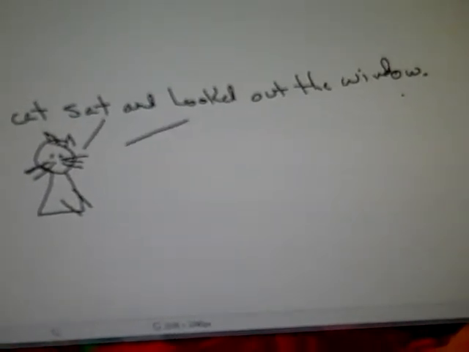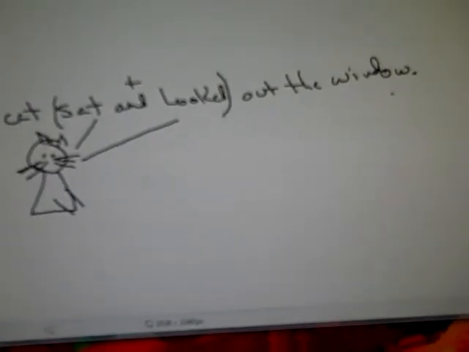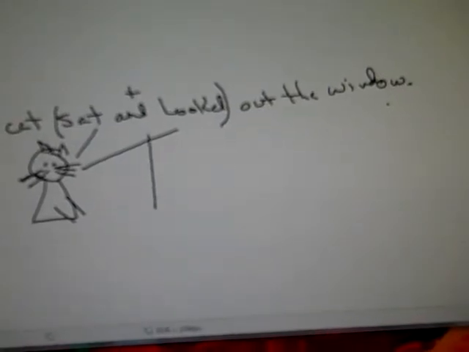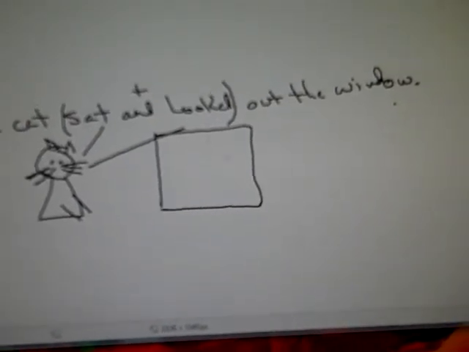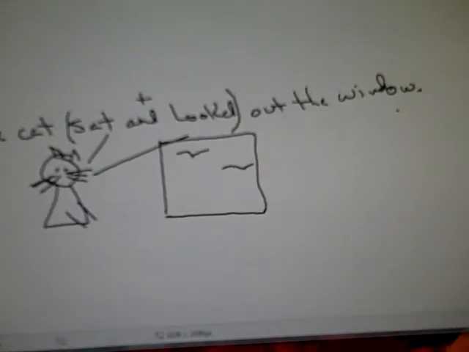The cat sat and looked out the window. Got a cat? And he's just sitting. Sat and looked. So sat plus looked together equals one verb. Out the window. There's birds out there. That's why he's looking.